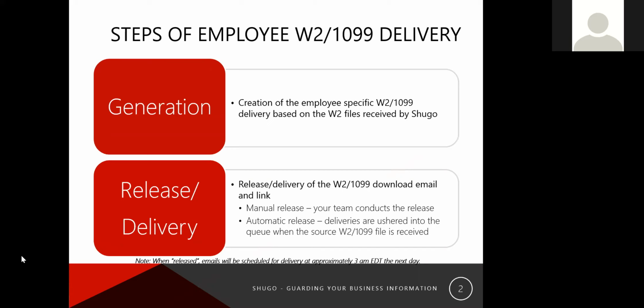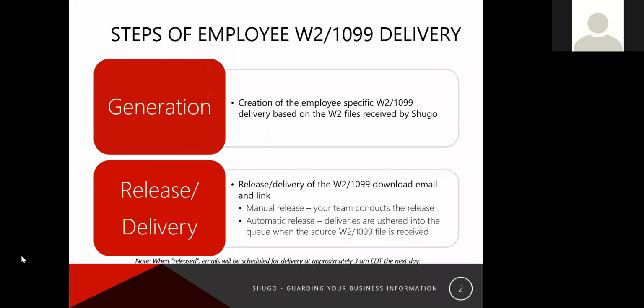Now, once we have them, the second step is what we call release or delivery. So this is the mechanism that will actually say, now, Shugo, now that you have these, get these out into the hands of all the employees. And when we talk about a release mechanism, we've built in two different modes that the release mechanism can follow.